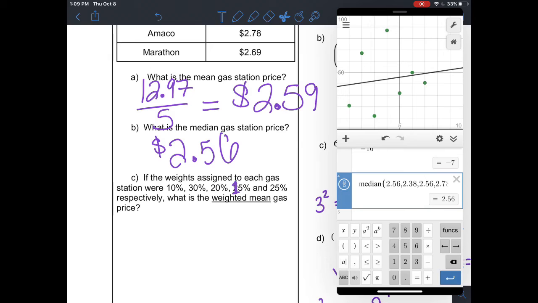And then, if the weights assigned to each gas station were 10%, 30%, 20%, 15%, and 25% respectively, what is the weighted mean gas price?